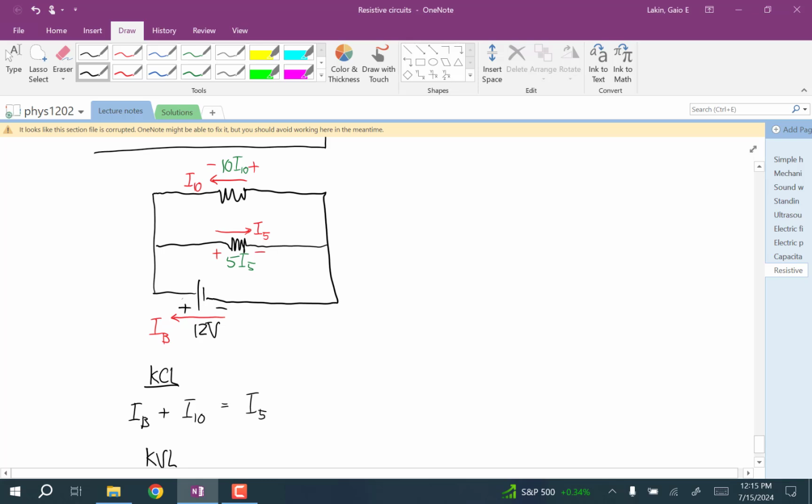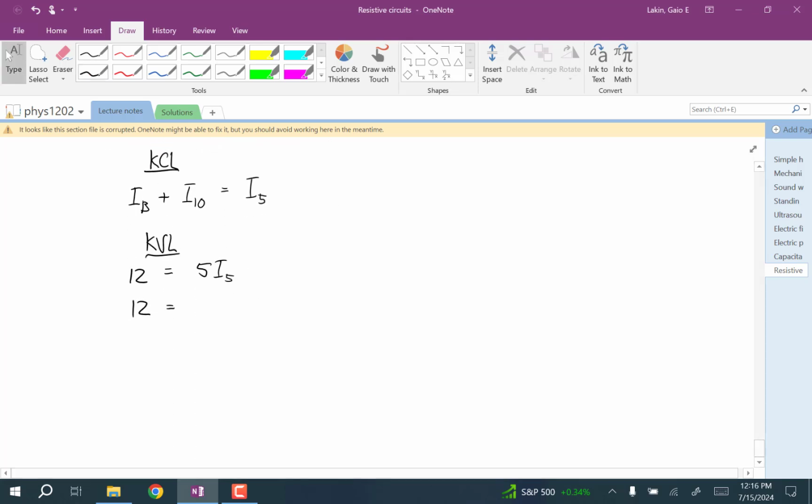You don't have to go clockwise. You could go counterclockwise, and then it would say that you have 2 drops. The equation would essentially be the same. But clockwise, we have a 12-volt rise and then a 10I10 rise. And no drops.